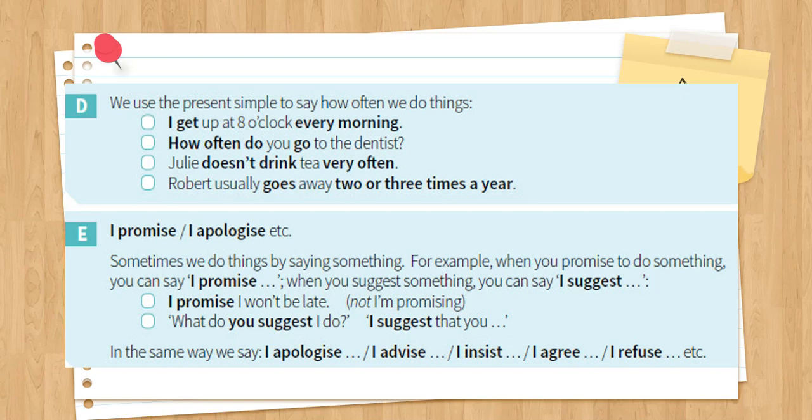What do you suggest I do? I suggest that you study every day, for example. In the same way, we say, I apologize, I advise, I insist, I agree, I refuse. You can see that these sentences are in present simple.